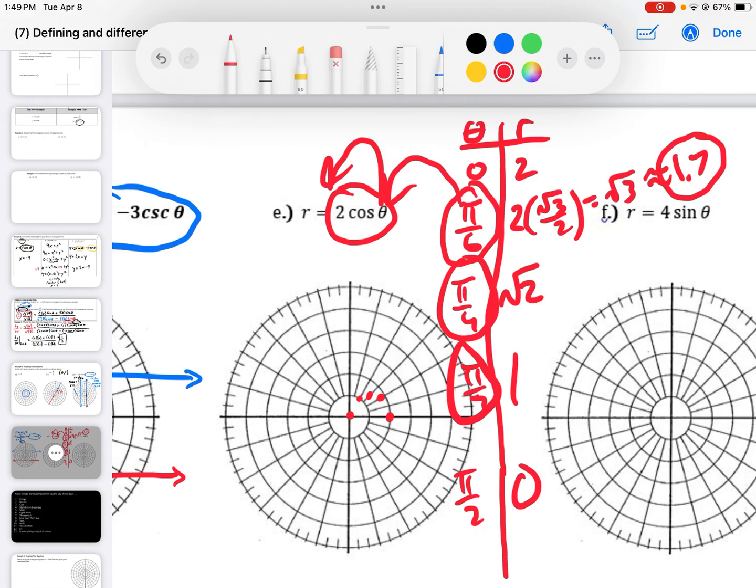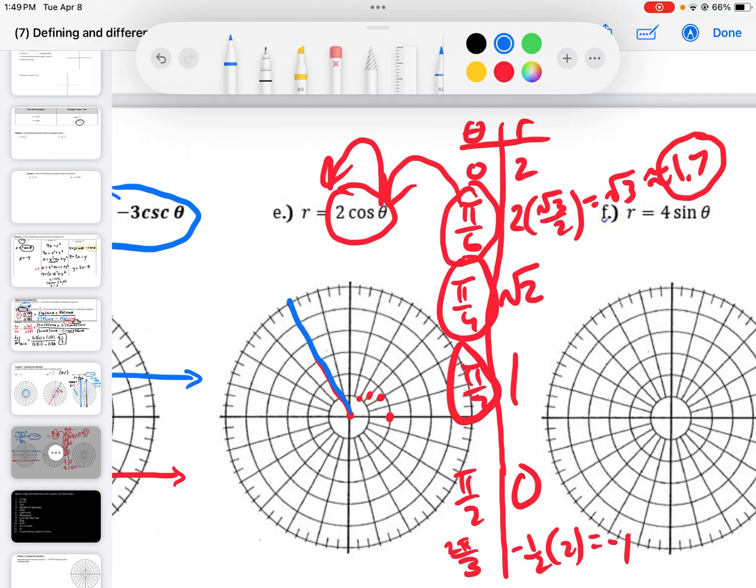Let's do one more. What would the next one be? So I've done 1, 2, 3, 4, 5, 6, 7, 8 pi over 12. So what's the next one that I know? 2 pi over 3. 2 pi over 3 is going to be 8 pi over 12. So it's going to be along this line, but I got to figure out what's the x-coordinate. Okay, so 2 pi over 3, cosine of 2 pi over 3 is negative 1/2 times the 2, so I get negative 1.